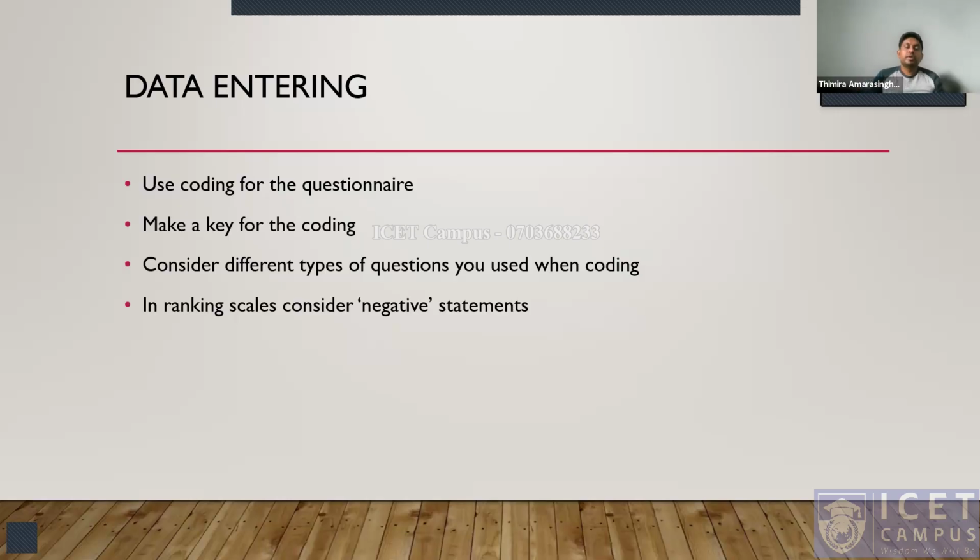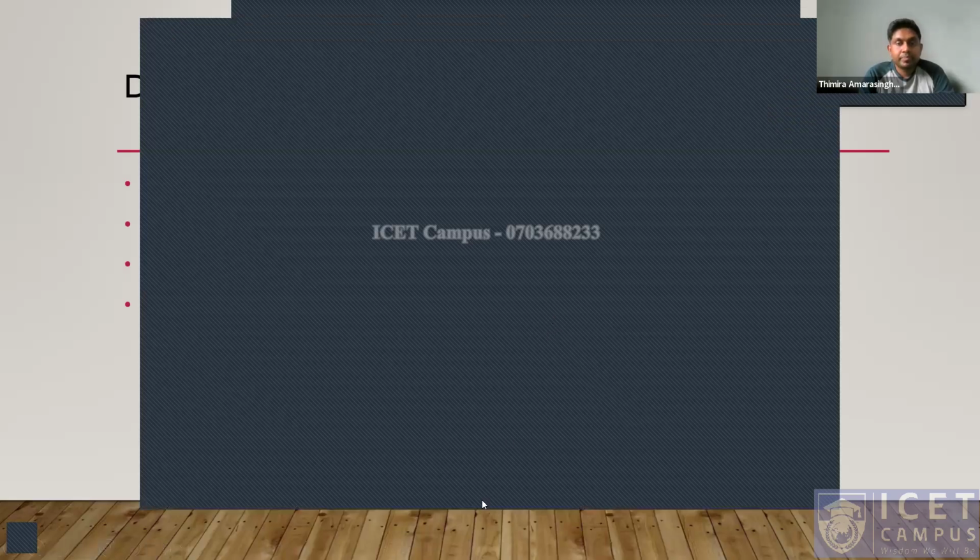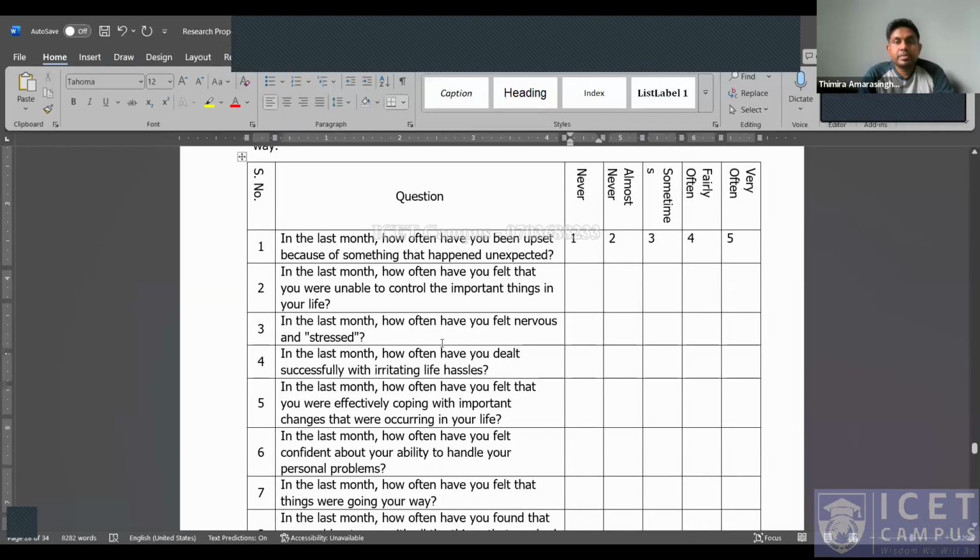And also, in the ranking scales, you have to consider negative statements. Let's take the earlier tool. Right. See this one.